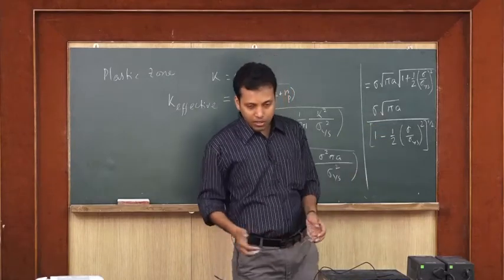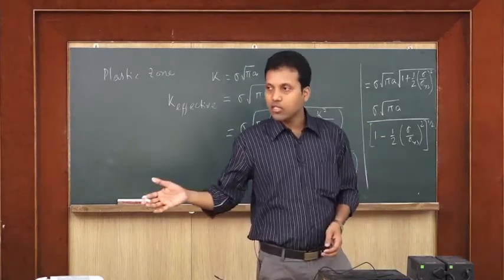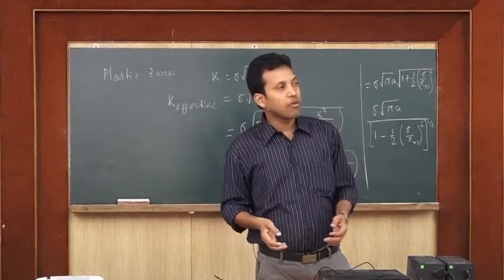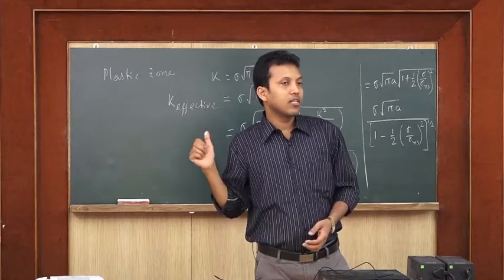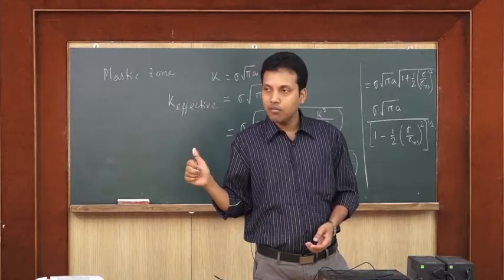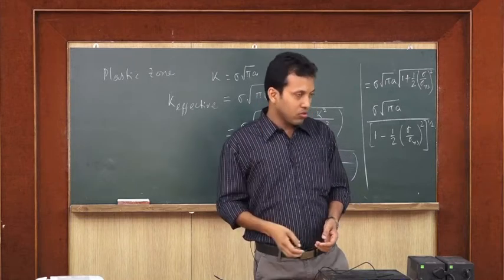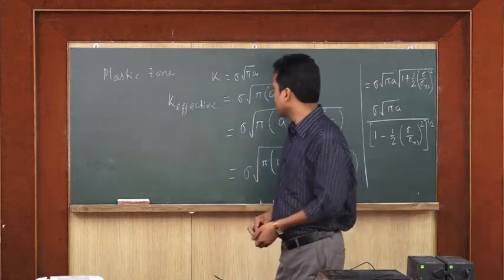So, we can follow any of these. Say this is given in your exam or you are getting it anywhere, you can follow any of the approaches and then you will find a certain K effective value. Okay. So, now try to solve one problem on this.